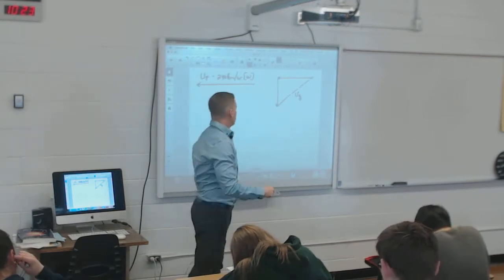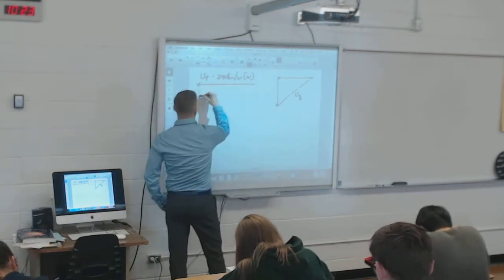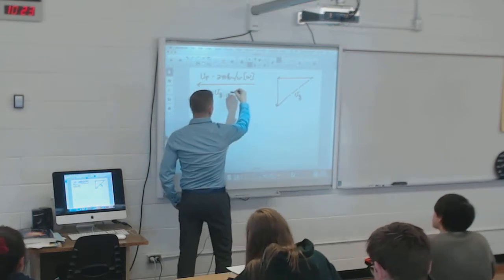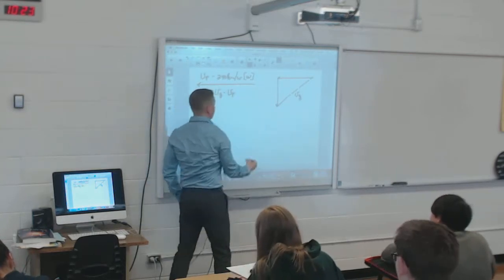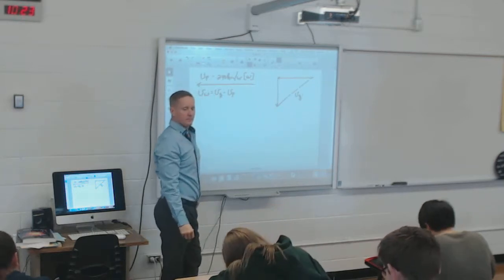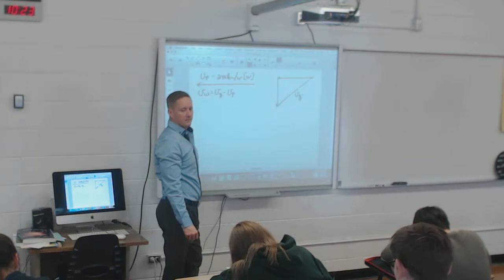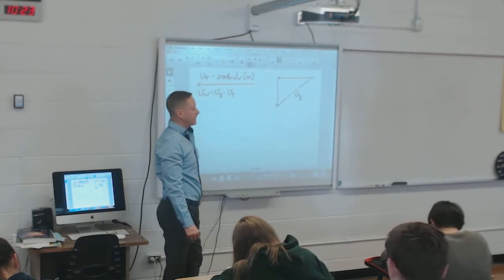Right? And what do you need to know? Velocity of the wind is the velocity of the ground minus the velocity of the plane. So find your displacement.